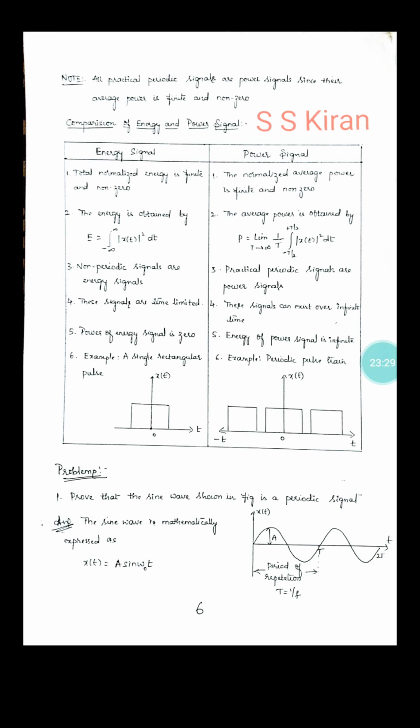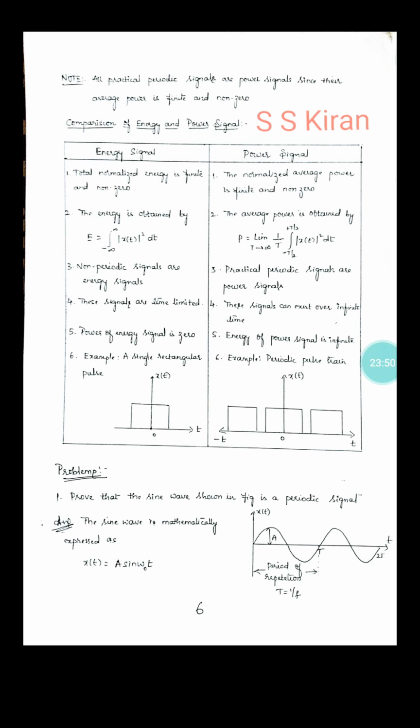The equation for energy is E is equal to the integral from minus infinity to infinity of mod x of t whole square dt. P is equal to limit T tends to infinity 1 by T integral from minus T by 2 to T by 2 of mod x of t whole square dt. Coming to energy signals, non-periodic signals are energy signals.